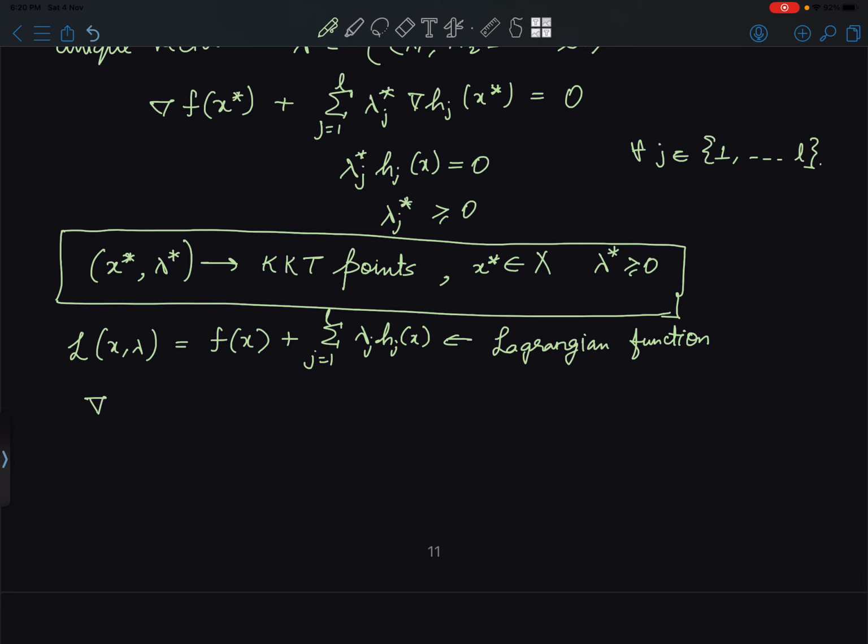So just to save our time, we say that the gradient of the Lagrangian function equals 0.